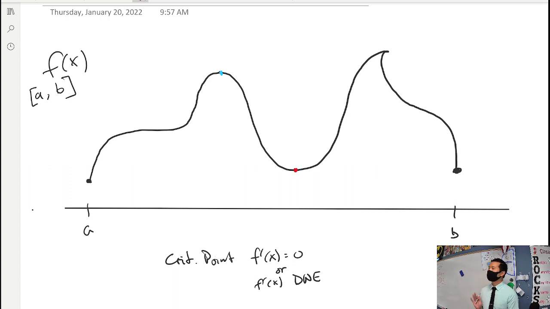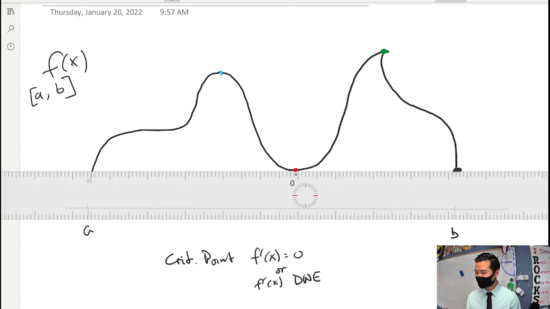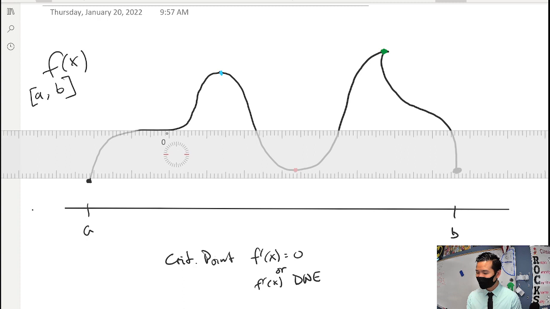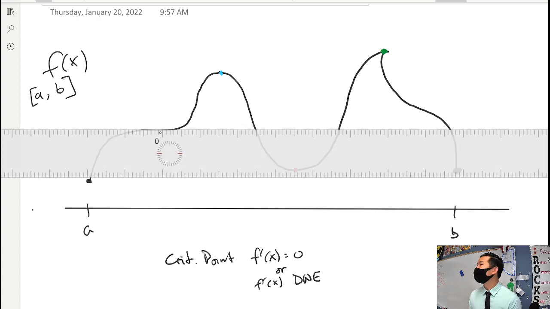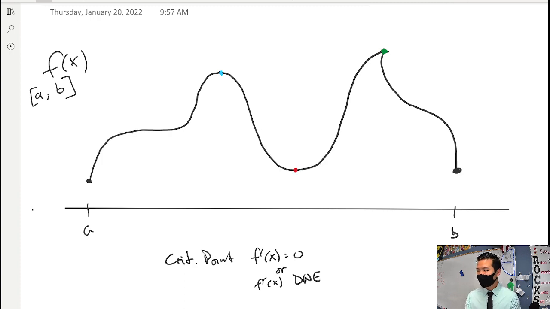Where is the clear third critical point? The cusp, right? That's another critical point because the derivative doesn't exist there. And there's one more. Would it be that flat line at the front? Yeah. There's a tangent line right here, and that's your fourth critical point. I'm going to mark that in purple, let's say. See it?